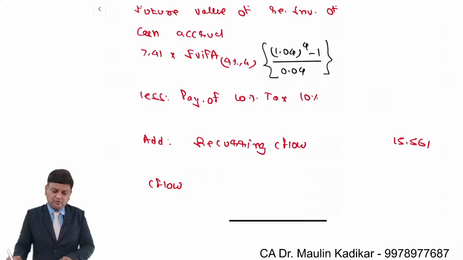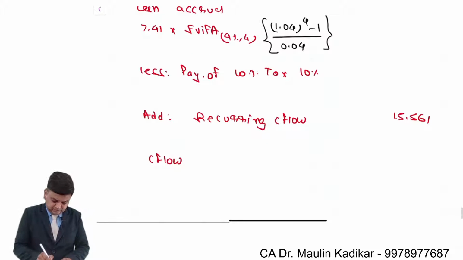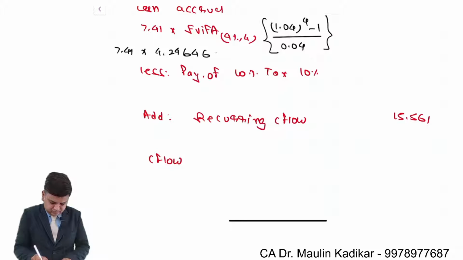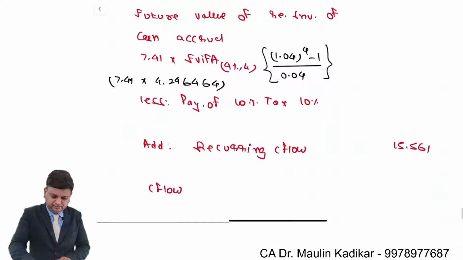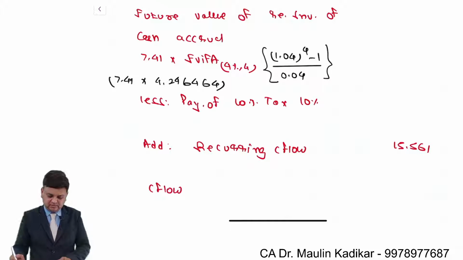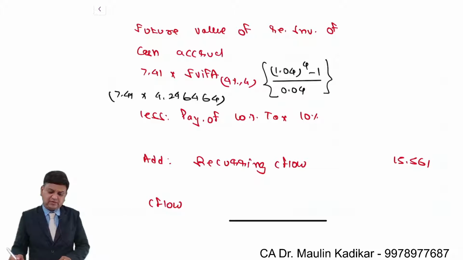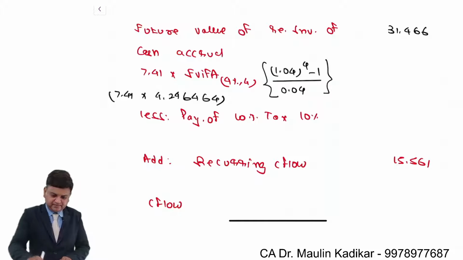So 4.246464 into 7.41. That comes to 31.47, 31.466. Let us keep it like that. So 31.466 into 10 percentage.